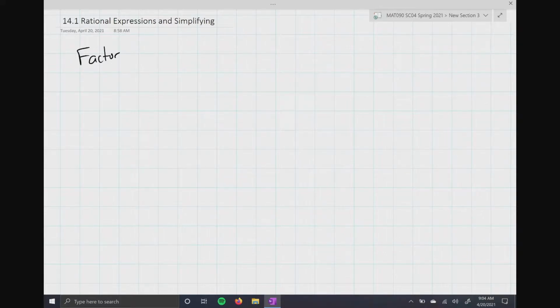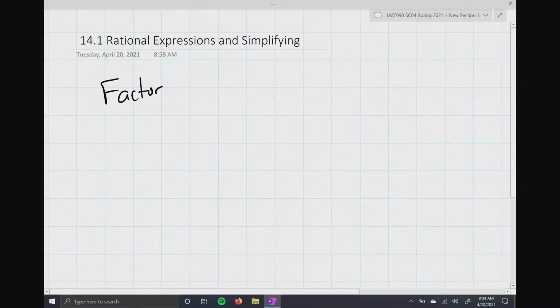All right. So today, we're going to define what a rational expression is. And here's the best part. You already know what it is. You really do.